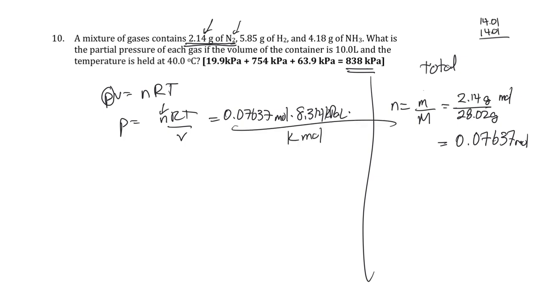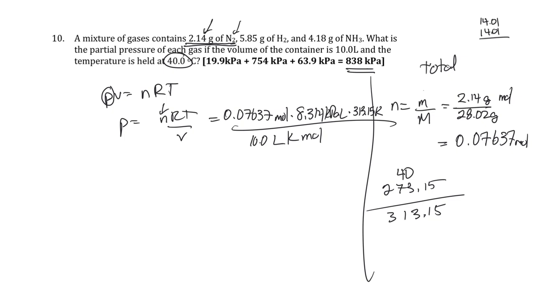The temperature is 40, so 40 plus 273.15 would be 313.15 Kelvin, divided by the volume, which is 10 liters.